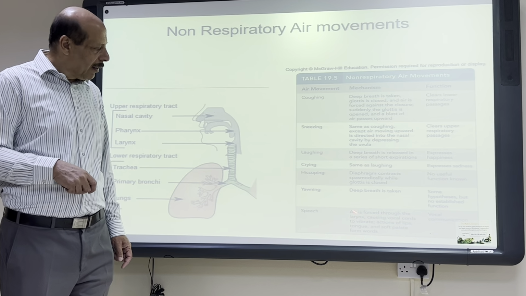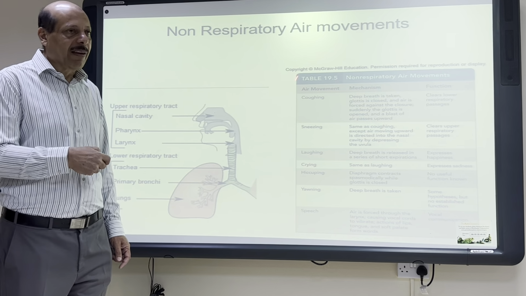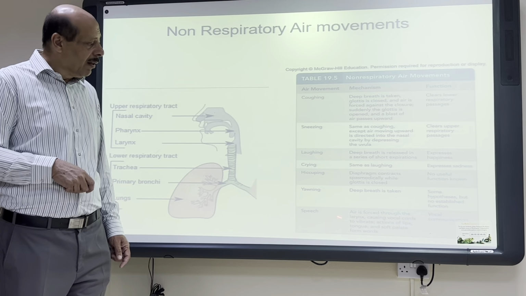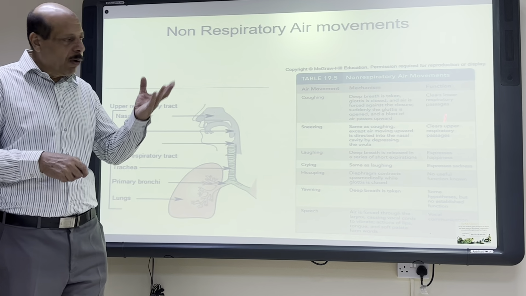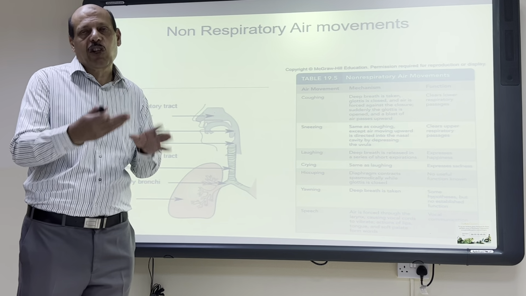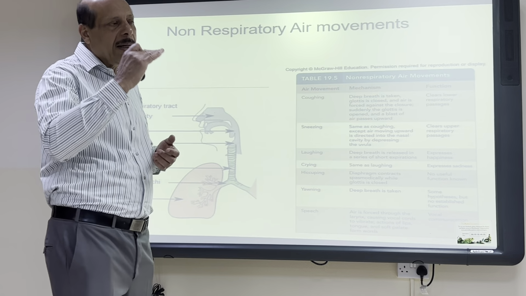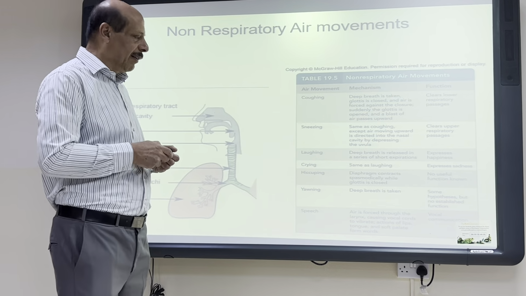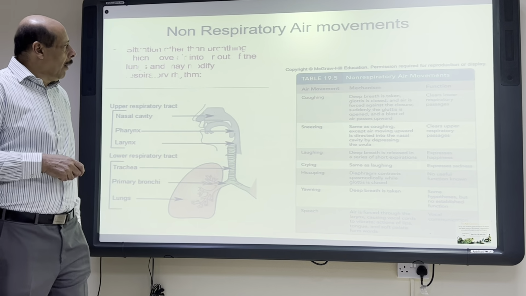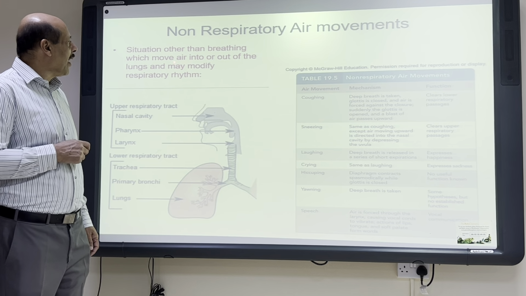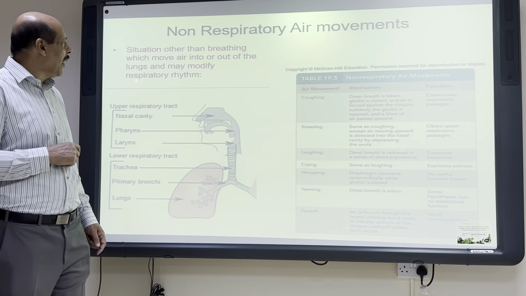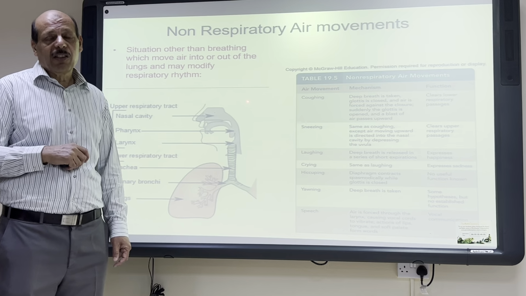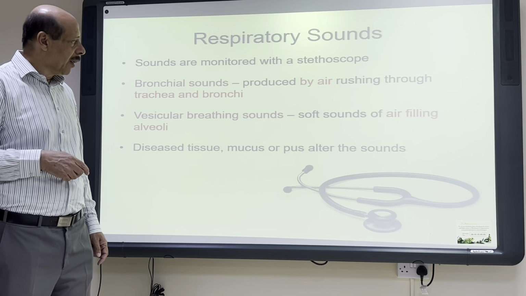It is not from breathing, a non-respiratory air movement, but it is there, and during those situations there is air coming in and out of the lung. So these are situations other than breathing which move air into and out of the lung and may modify or change the respiratory rhythm.